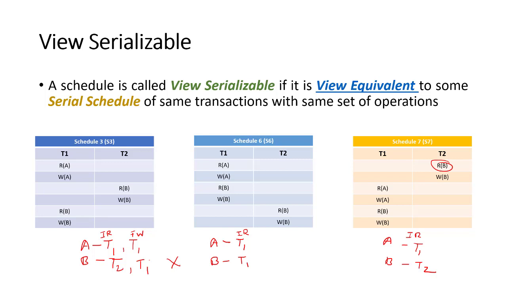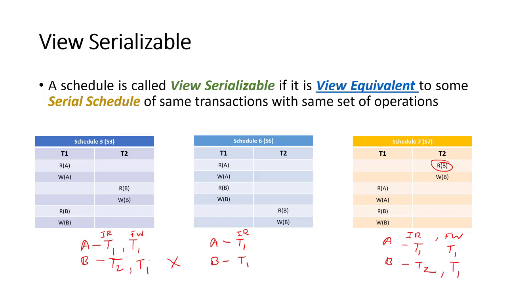For the final write, for data item A, which one is performing the final write operation? T1 is performing the final write operation. For data item B, T1 is also performing the final write operation.